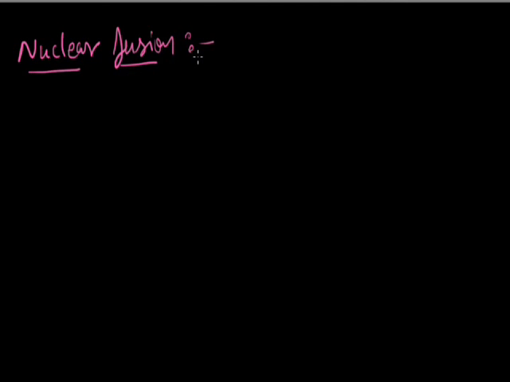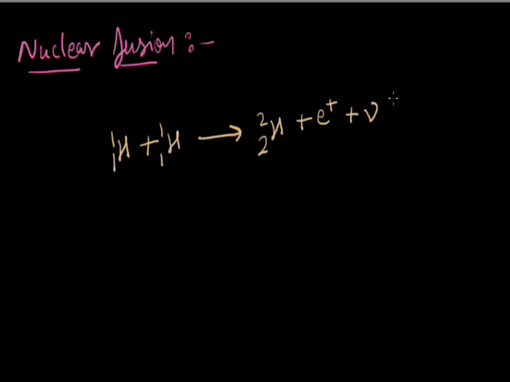After that, another form of nuclear energy is nuclear fusion. Controlled nuclear fusion is not possible on Earth. This takes place in nature inside the Sun. We have the following equations: two protons converting themselves into a neutron and positron plus neutrino and energy.